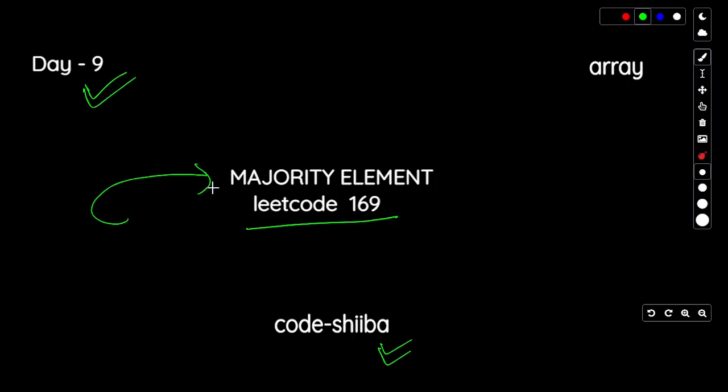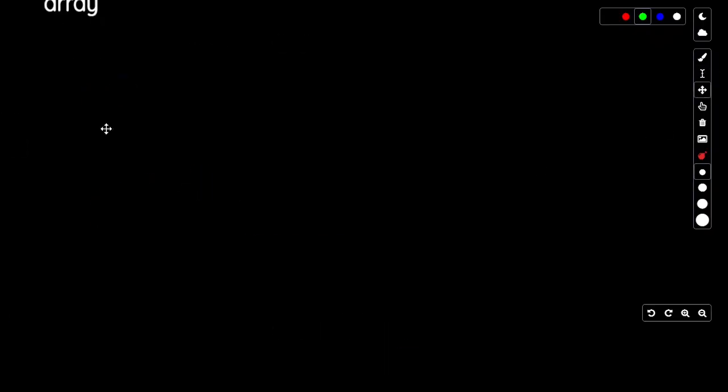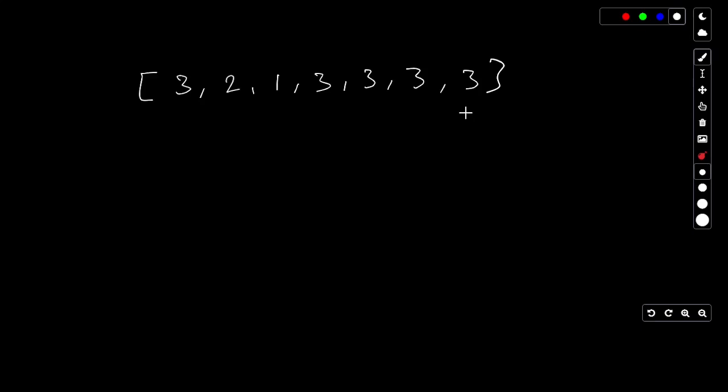So within an array, let's take an example. I need to find an element whose count is greater than n by 2. So 3, 2, 1, 3, 3, 3, 3. I'm taking a very obvious example.